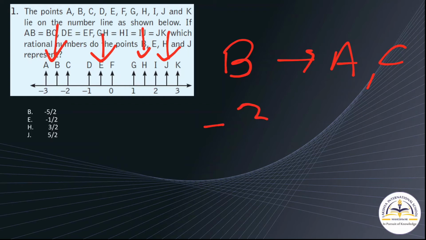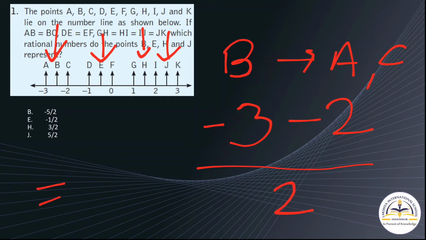That is -3. What is the value of C? That is -2. Between these two numbers, to find B, we have to divide by 2. So -3 minus 2, that is -5 by 2. So this is our answer.